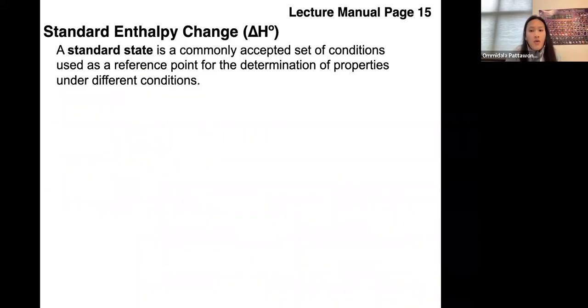All right. The next thing we are going to take a look at is the standard enthalpy change. Because we have change, the symbol is delta, enthalpy is H, and the standard is the naught sign. Whenever you see the naught sign, know that this enthalpy change is at standard state.